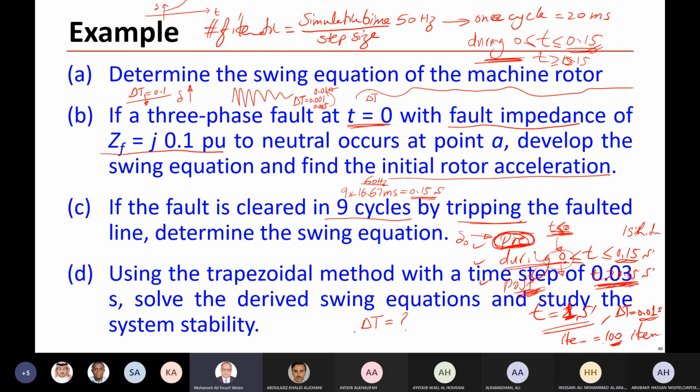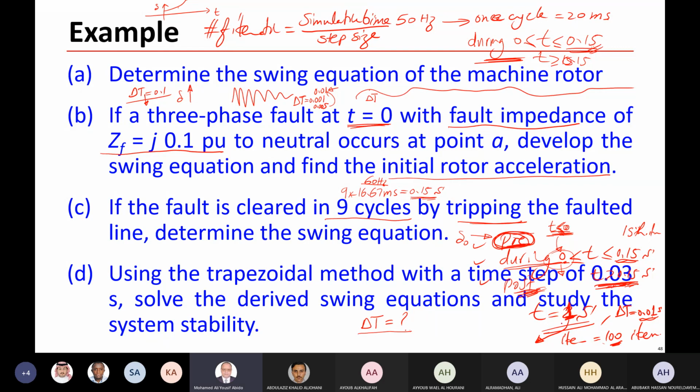The second question was, why did you choose 1 second, not half a second or 2 seconds? This you can control. Just 1 second is just for simplicity.